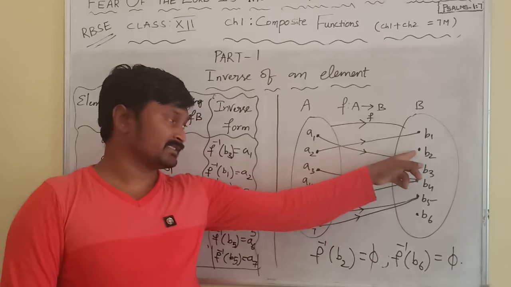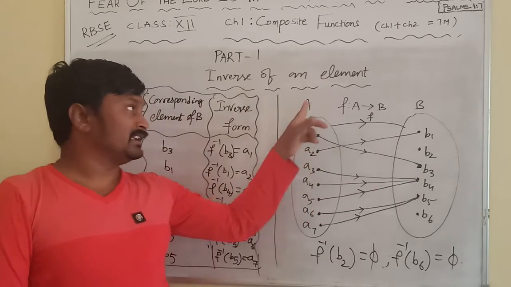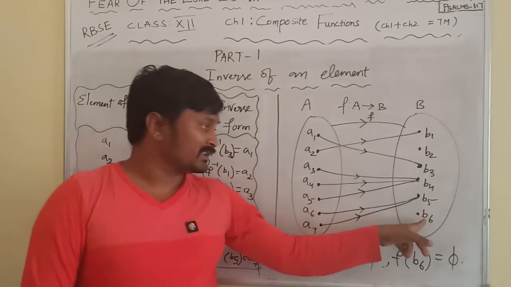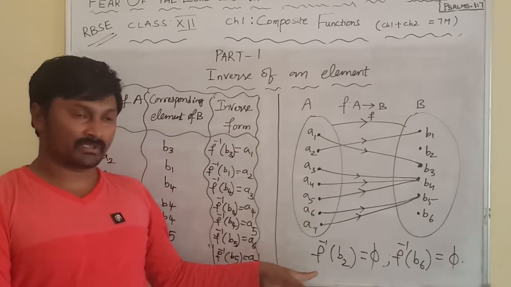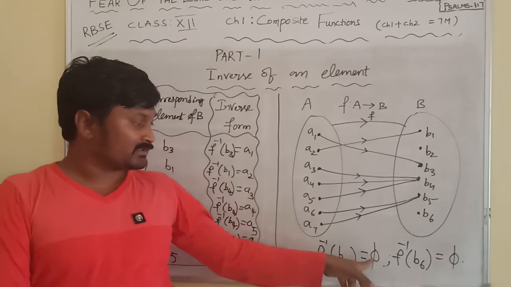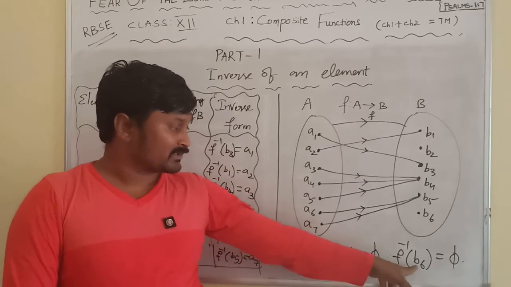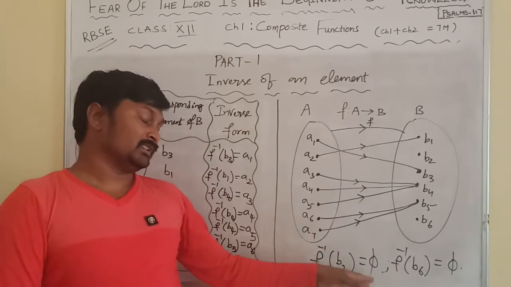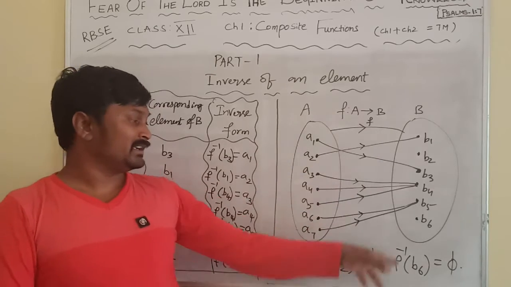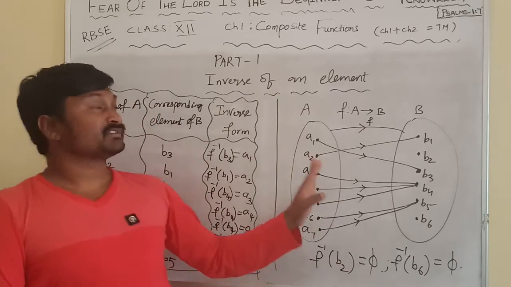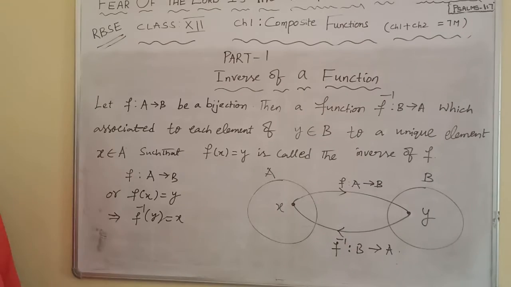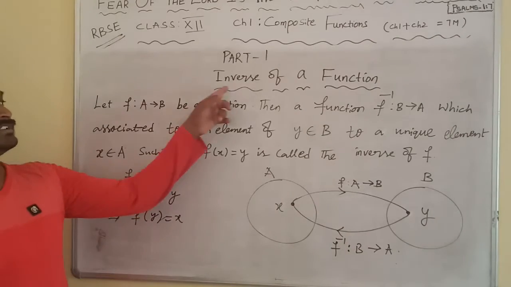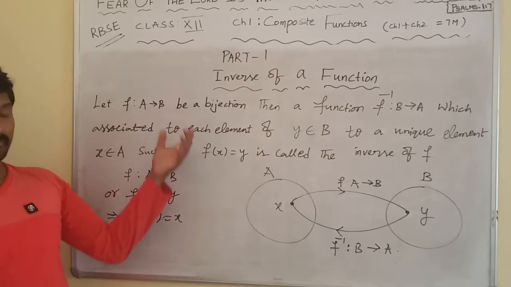Here B2 is not associated with any element of A. In the same way, B6 is also not associated with any element of A, so F inverse of B2 is equal to pi, and F inverse of B6 is pi. So this is about inverse of an element. Let's move on to the next topic, that is inverse of a function. So this is the complete definition.